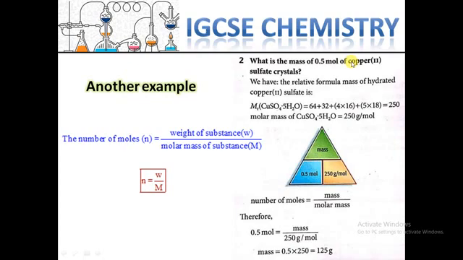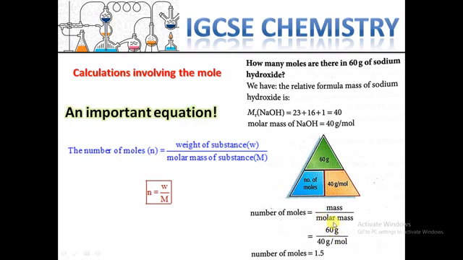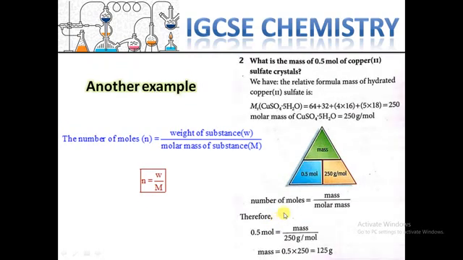Either we can divide like the previous one, where we had these two and we divided to find the number of moles. If the question gave you the number of moles and the thing we are looking for is mass, then we need to multiply.